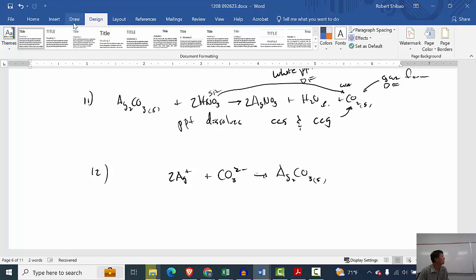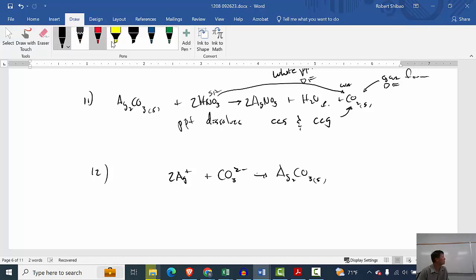In terms of a Le Chatelier type perturbation here, what we're going to do is add nitric acid. The nitric acid is going to supply H+, and we end up with 2H+ plus the carbonate yields CO2 and H2O liquid.